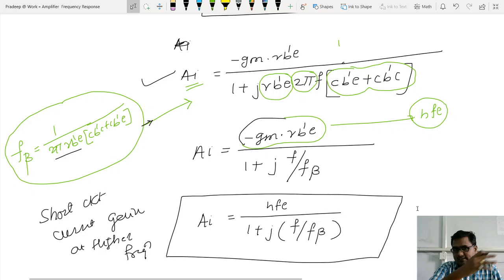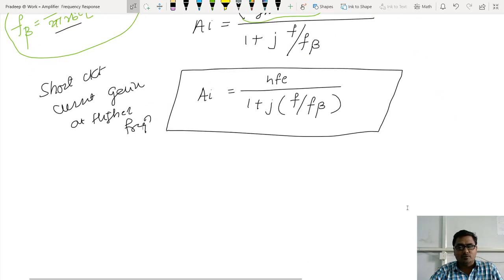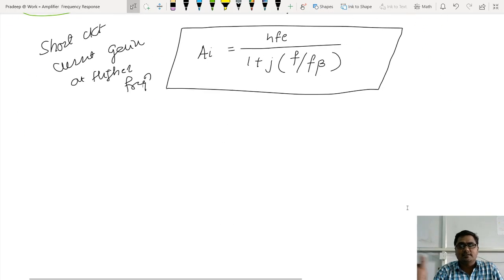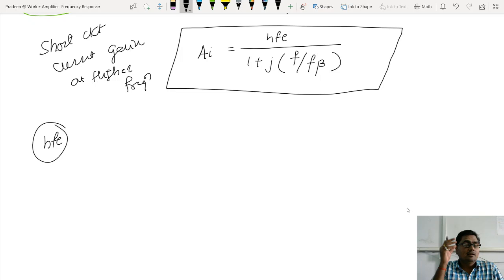But meanwhile in the process, what was the aim? The aim is to get the short circuit current gain, but in the process we have calculated the equation of hfe, the frequency component, and its equivalent value, that is gm R B dash E. Then after hfe we have seen one term f beta, that is the beta cutoff frequency. We have seen the alpha cutoff frequency.